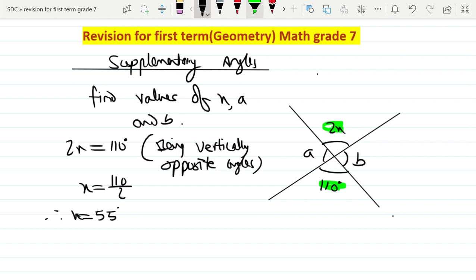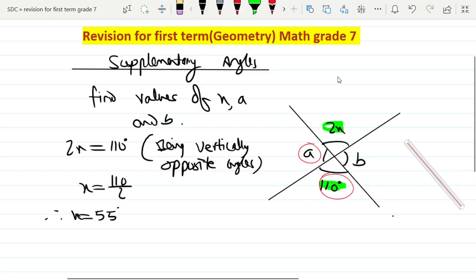Here a and b are related. With 110, a is the supplementary angle because these are angles lying on the same straight line. So you can see this separately. Here this is 110 degree and this is a.